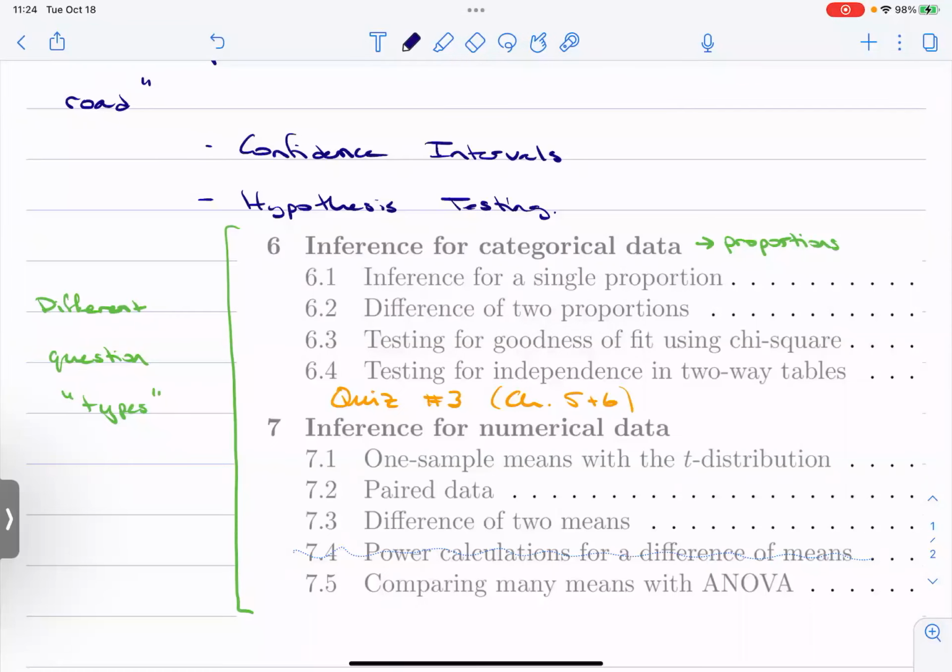So how we construct confidence intervals and how we do hypothesis testing will always follow the same procedure, regardless of which of these question types we have.